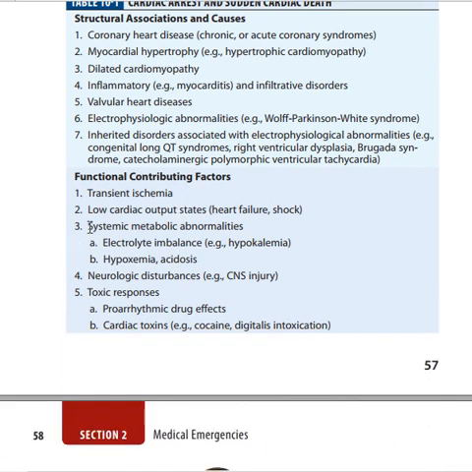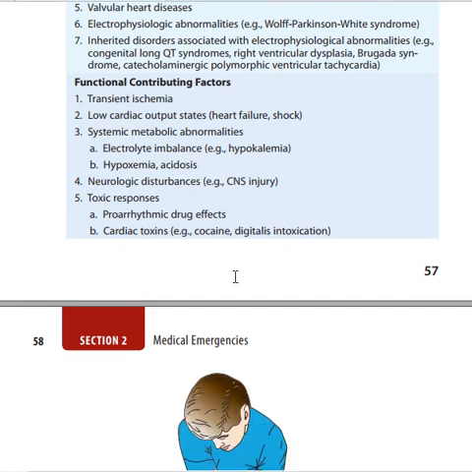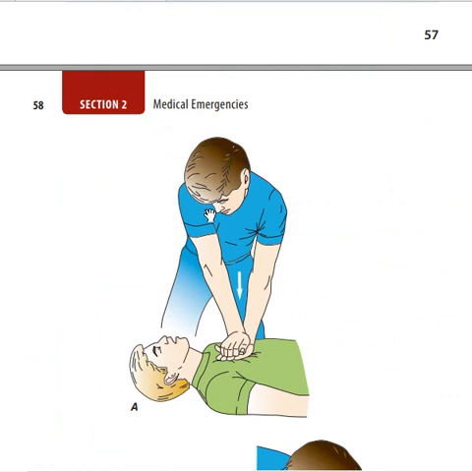Now, under functional contributing factors, if you have transient ischemia of the heart, it may cause cardiac arrest. If you have a low cardiac output state, like heart failure, it may cause cardiac arrest. Also systemic metabolic disorders, electrolyte imbalance, mostly hypokalemia, hypoxemia and acidosis, neurologic disturbance, and toxic responses. So those are the causes.